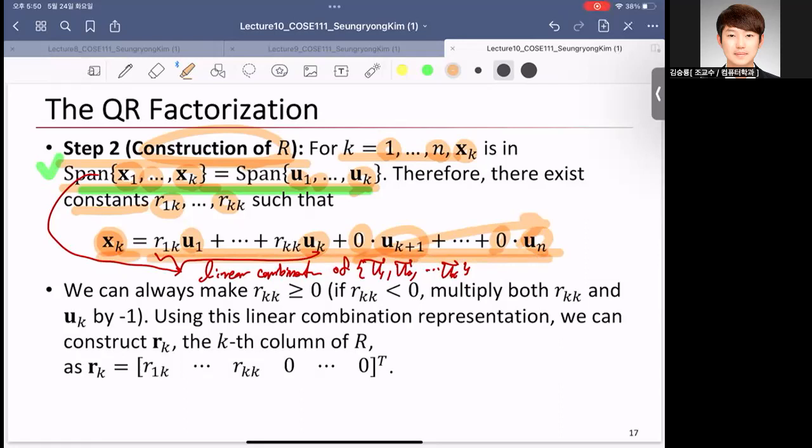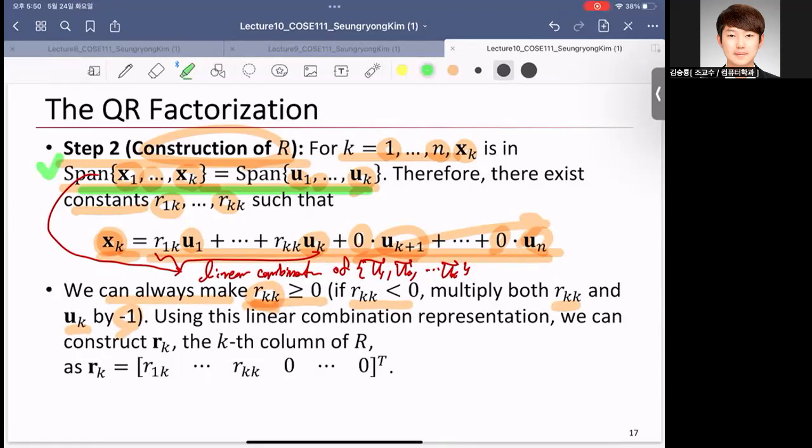We can always make r_kk greater than or equal to 0. If r_kk is smaller than 0, multiply both r_kk and u_k by negative 1. So we can always make r_kk greater than or equal to 0.